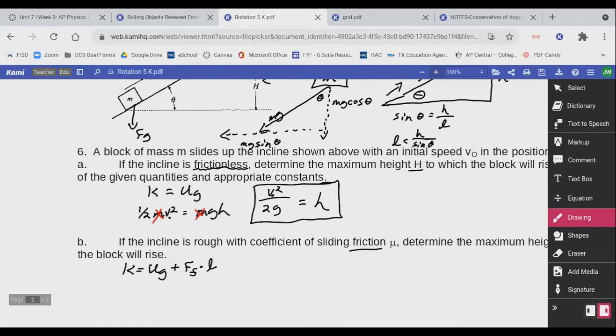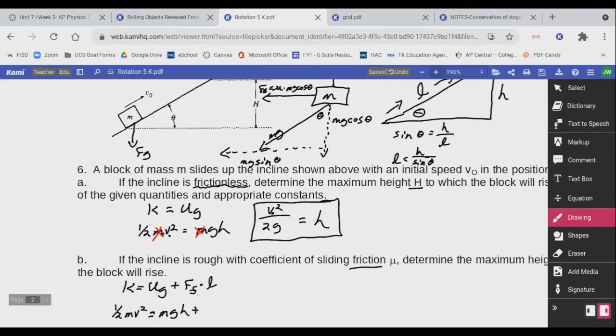So kinetic energy is still 1/2 mv squared is equal to gravitational potential, which is still mgh, plus the friction. And we said, I got to scroll up to see my friction. We have mu, that's an ugly mu, times mg sine theta.